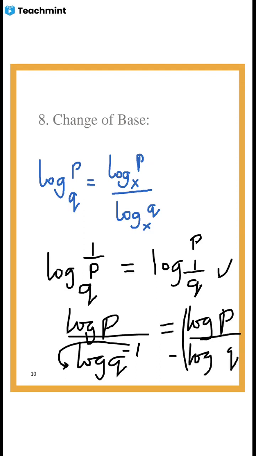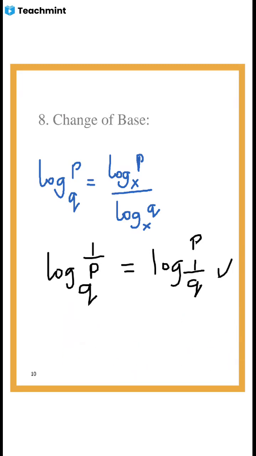You can see that we've got the same thing that we got earlier. So this and this are the same. And according to the law that we studied earlier, they are both equal to a negative what? Log. Negative log, yeah. They are both equal to minus log p base q.